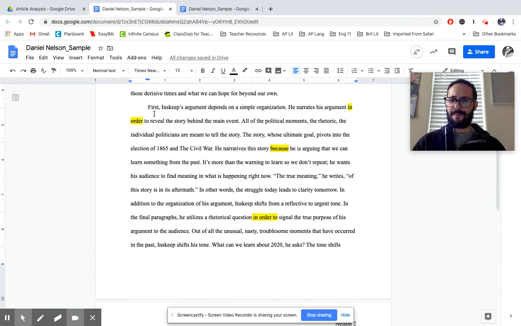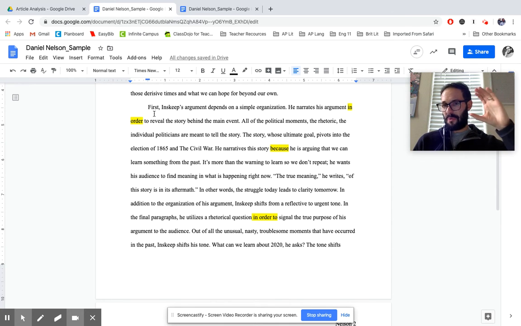And that's where these statements, the in order and because statements, I highlighted all of them in this paragraph because I want you to read it and then to see what choice the author is making, why he's making that choice, and what's the result of it. So if we look at the first one, I'm moving chronologically from the beginning of the article to the end of the article.